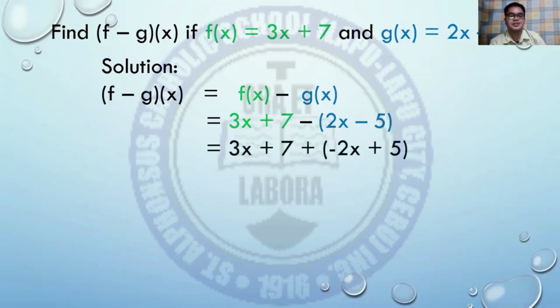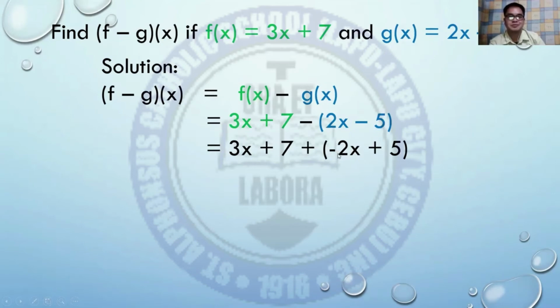There is a rule for subtraction of polynomials: you change the subtraction to addition and change the sign of the subtrahend to its opposite sign.